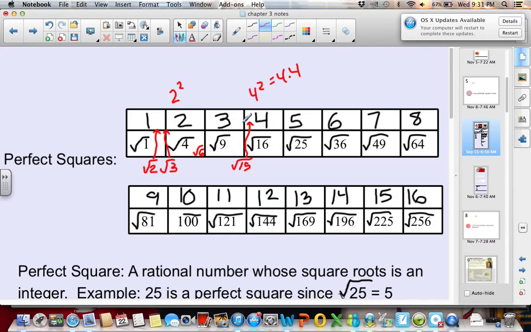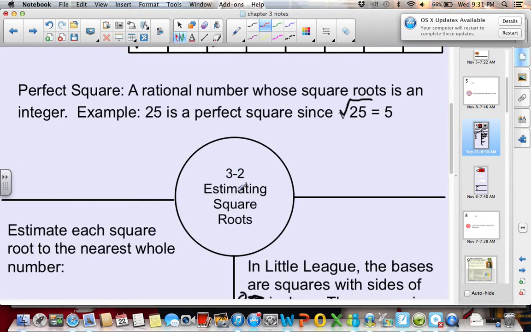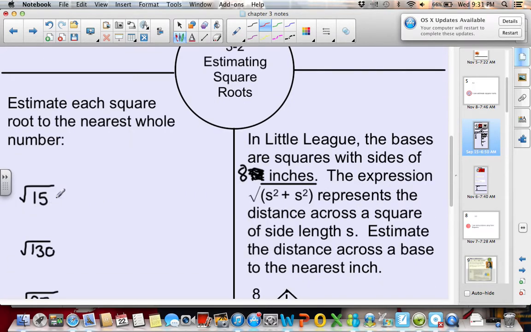It's 3 point something, but it's really close to 4. So if we're rounding to the nearest whole number, I'm guessing it's 3.8 or 3.9 something. So if I was going to round, then I would round to 4. So the square root of 15 is approximately, we don't write equals, we write approximately 4.